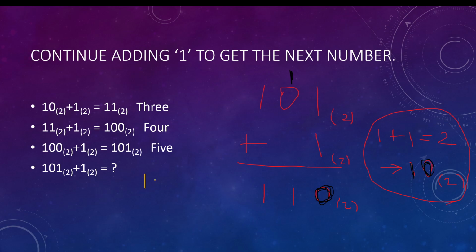If you have 1, 1 plus 1, 1, 1 plus 1 is 1, 0, so you put 0 and put a carryover of 1. Because 1 plus 1 is 2, but 2 is represented as 1, 0. And now you do another 1 plus 1 here, but 1 plus 1 is again 1, 0, and there's another 1, so it's 1, 1.